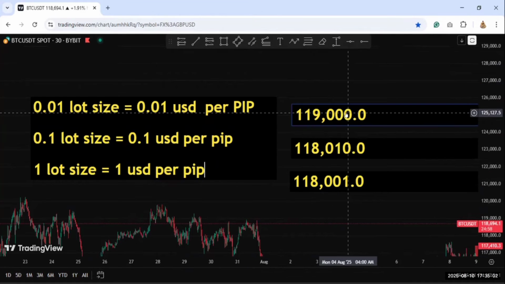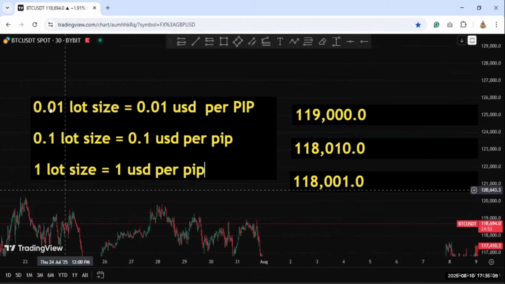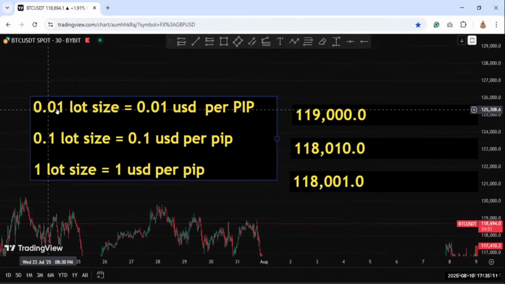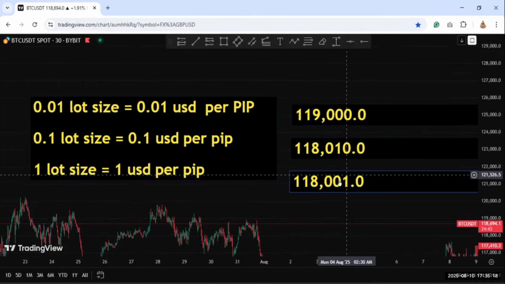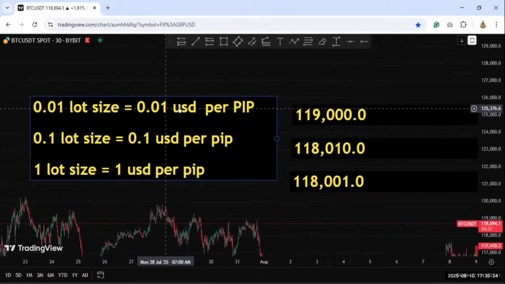So if you are going to start counting your pip starting from the last part here, for every 0.01 lot that you enter on Bitcoin, any 1 pip movement, when Bitcoin changes price by 1 here, you will be added $0.01 US when it goes in your favor, and $0.01 US will be deducted when it goes against you.